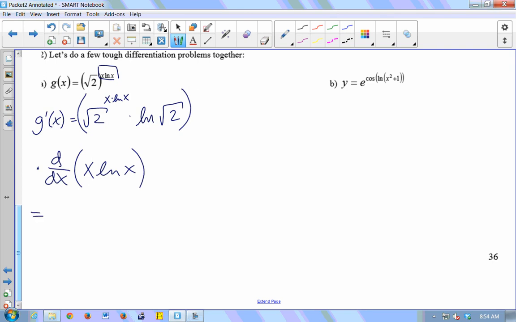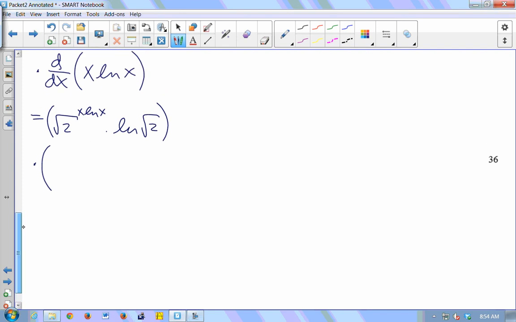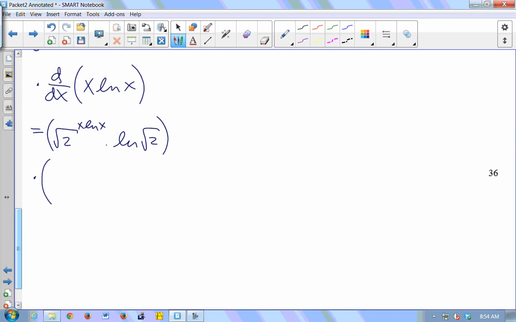All right, so then in my next step, I still have the part of the derivative I already did. And then I have to multiply by the derivative of x ln x. So now this is a new derivative problem. I should start fresh here and think about how I would take the derivative of x ln x. It's a product of two functions that I know how to take the derivatives of. So it's going to be x first times the derivative of the second, and the derivative of ln x is 1 over x.